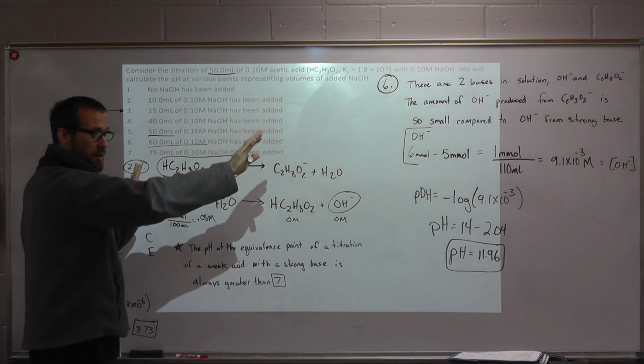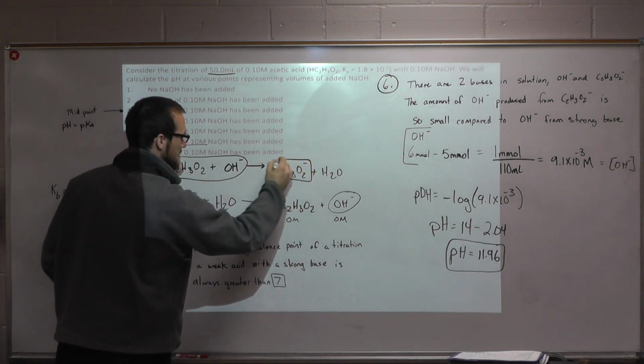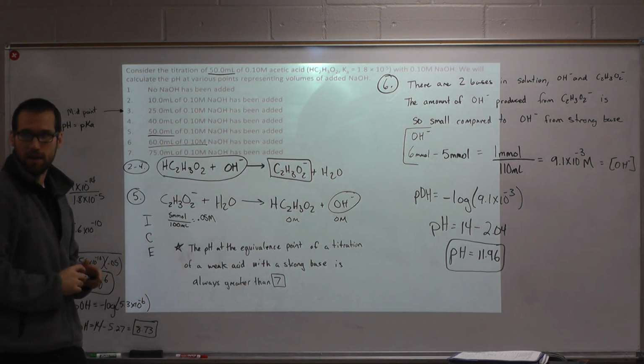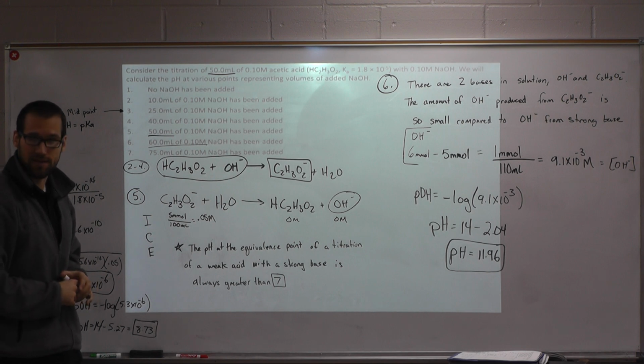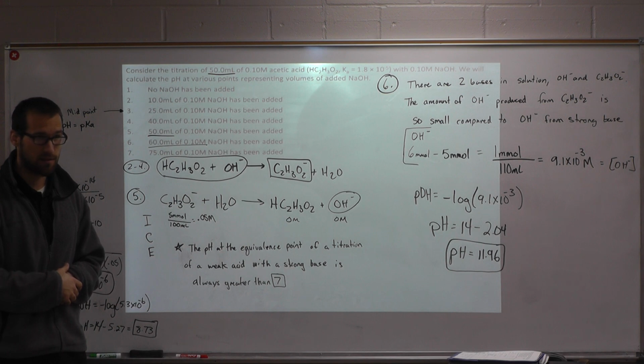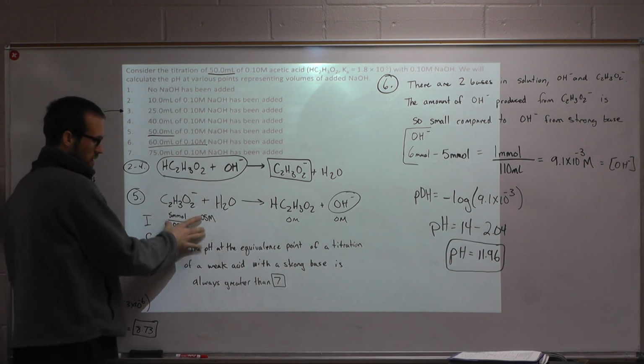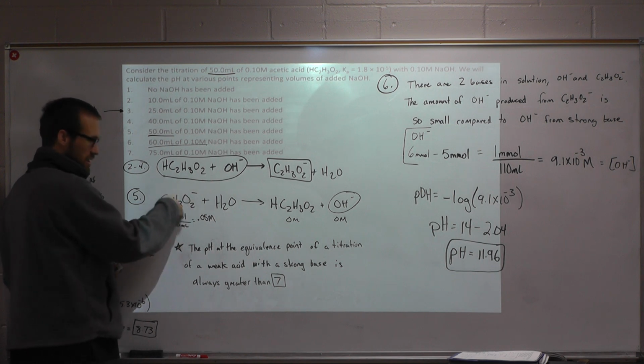It all got completely reacted. Well, it all got reacted to produce a what? A weak base, correct? We know a weak base is going to give off some OH minus, right? So we had to then set up a weak base problem because I had a bunch of this, which will react a little bit with water.